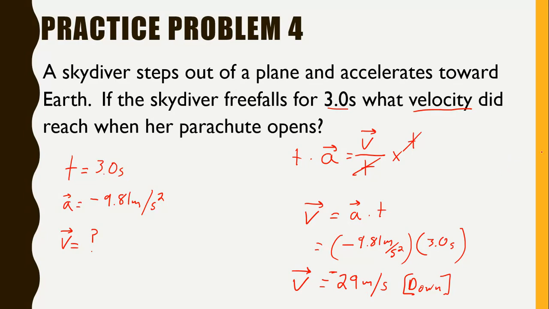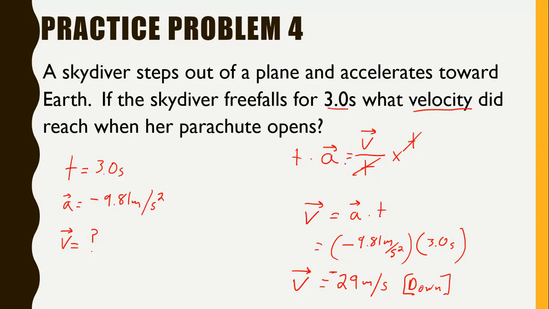By the way, you guys, this is over 100 kilometers per hour. Without air resistance, the Earth's pull is pretty strong, and you would continue to accelerate. Every second, you'd go another 9.81 meters per second. So without air resistance, you would be going really fast by the time you'd hit the ground.